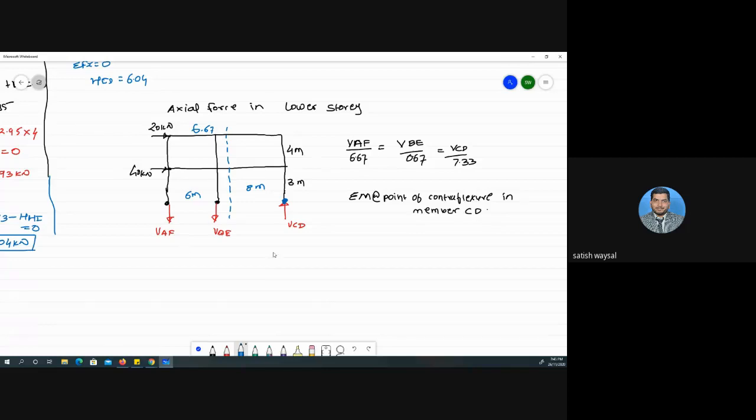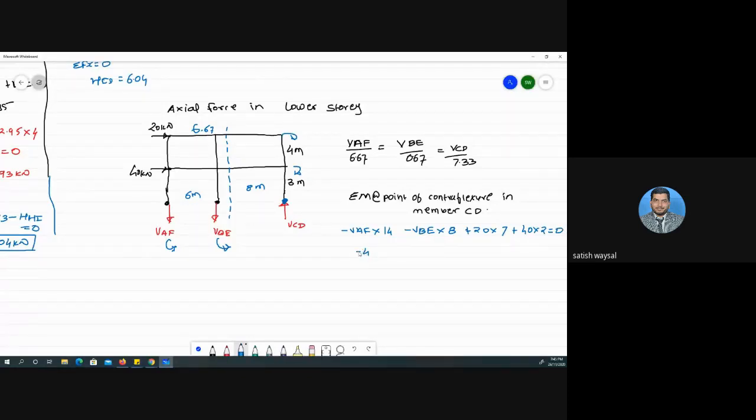This will be going to move in the anti-clockwise sense. This will be moving in a clockwise sense. So minus VAF into 14 minus VBE into 8, okay, plus 20 into 7 plus 40 into 2 is equal to 0.